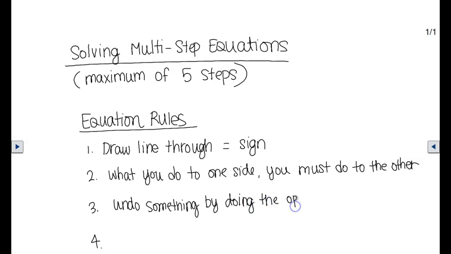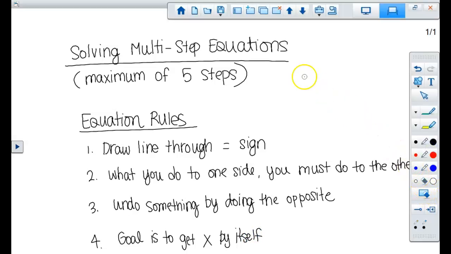So all along we have seen that if we have addition, we subtract to undo it. If we have multiplying, we divide to undo it. Okay? And then the last rule is to remember that the goal is to get x, or whatever variable you're using, by itself. So these are our equation rules that we have followed all the way through this process.